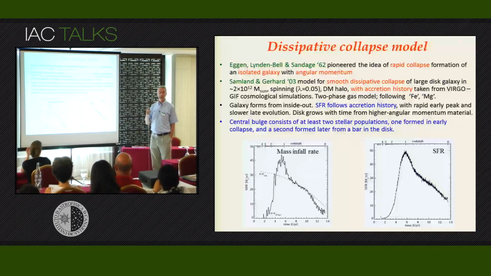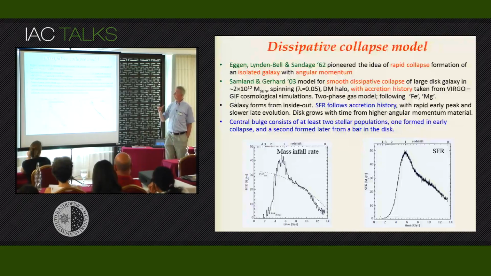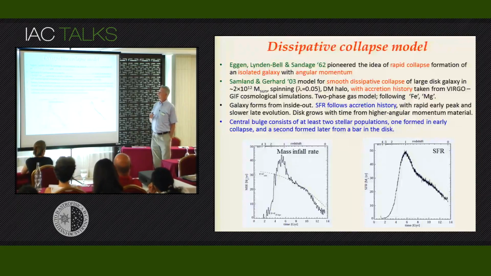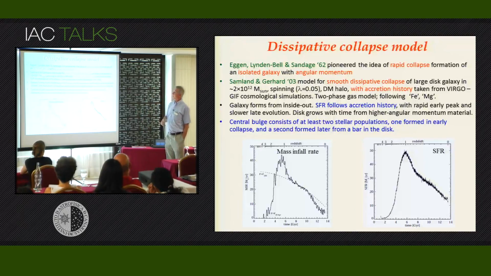At that time, they were looking at isolated galaxies, and they were thinking about the question how the collapse would happen in the presence of angular momentum. And the idea that they wanted to explain was what was at that time believed to be the eccentricity distribution of stars, which seemed to go from low eccentricities for the most metal-poor stars to high eccentricities in the more metal-rich stars.